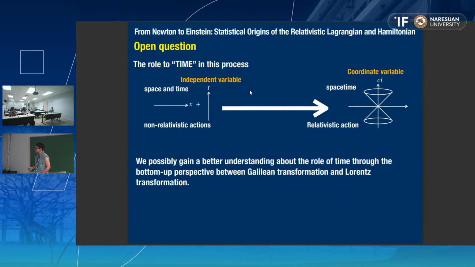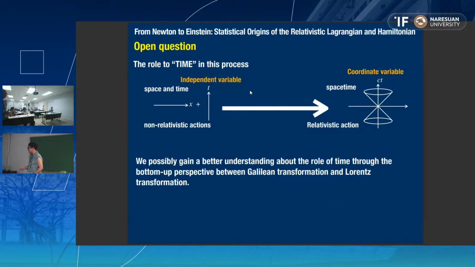Anyway, as I mentioned earlier, the role of time in this process is a bit weird, because at the beginning time is nothing but an independent variable. After you finish the process, it becomes like a coordinate variable. We don't know what really happened with the time variable.